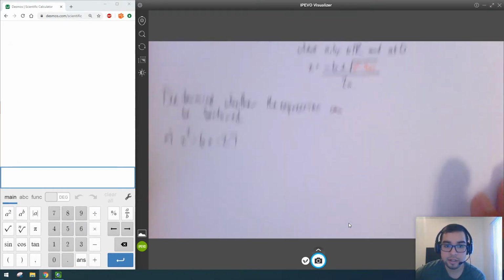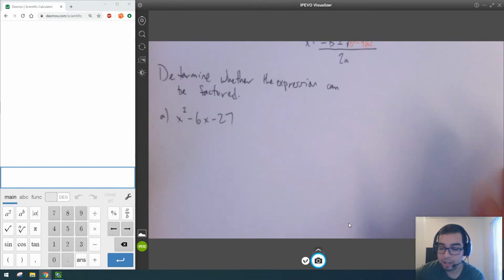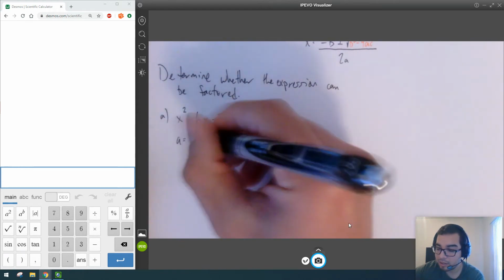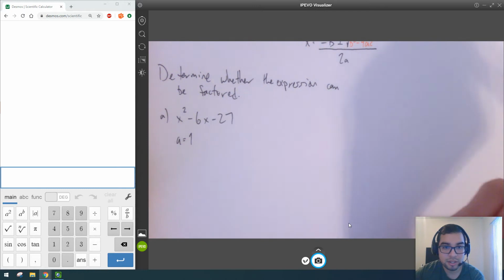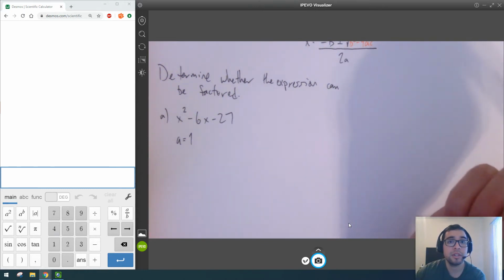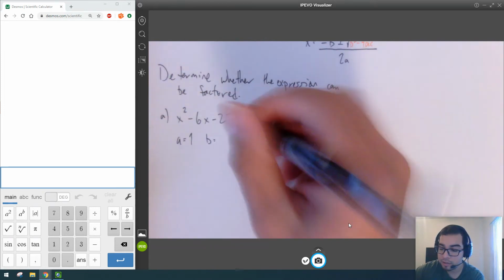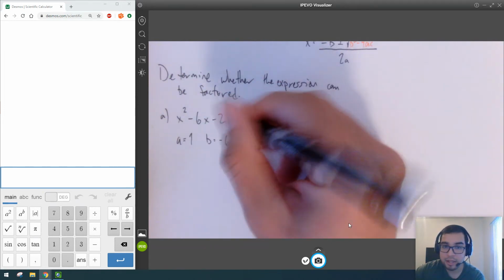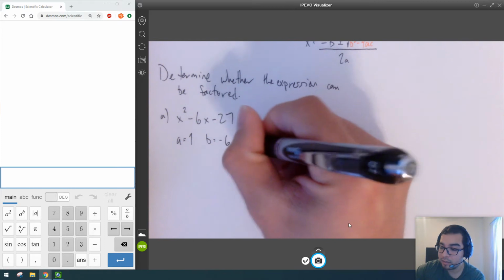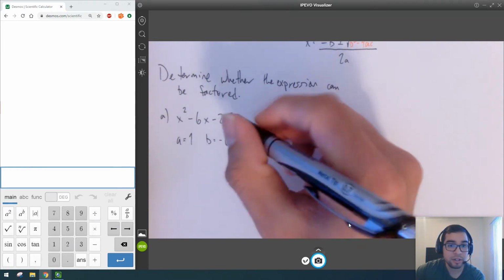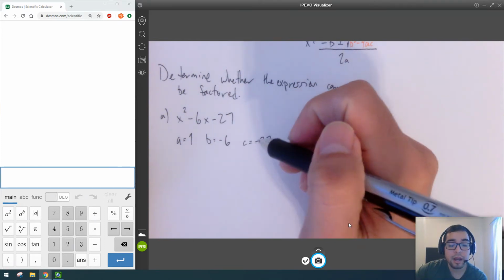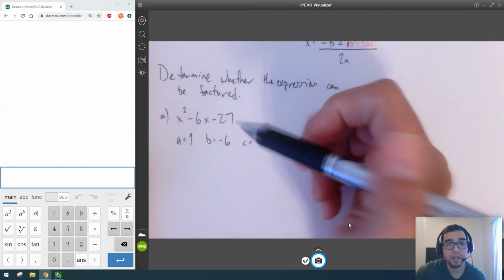The first variable, a, is 1, since it's just x squared, we assume that the coefficient is 1. My b value is equal to -6, and c is equal to -27. I'll make sure to include the sign before the number.